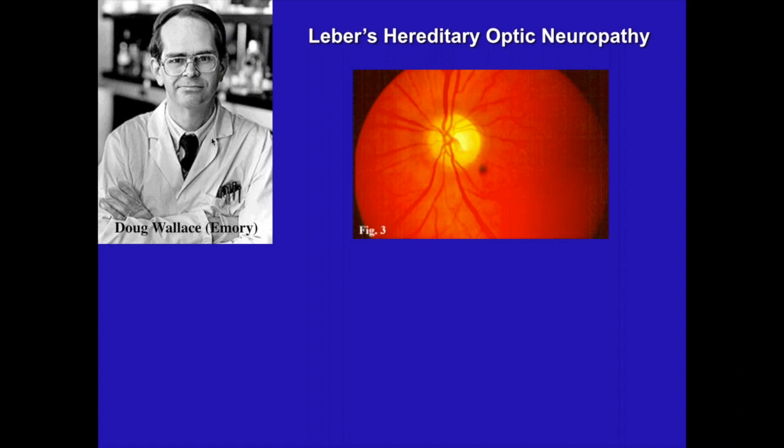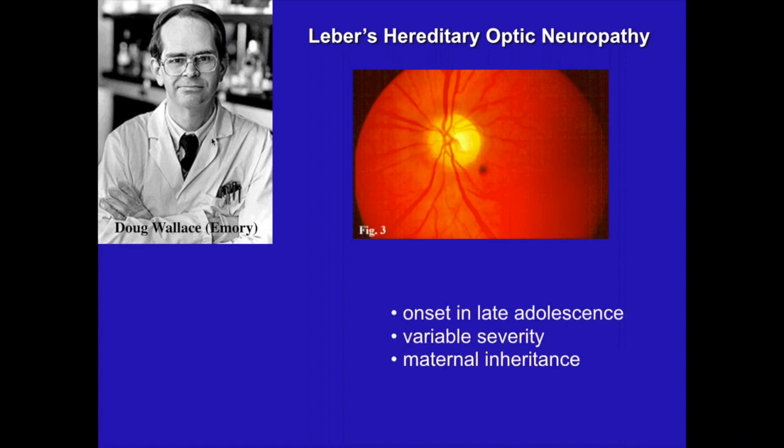And he came across a family who presented themselves to him as patients, in which there was a genetic disorder over many generations, which is called Leber's hereditary optic neuropathy. And people with this disorder, usually in late adolescence, began to lose their eyesight. Sometimes they just lost a lot of visual acuity, so things look fuzzy instead of sharp. And sometimes they went totally blind.